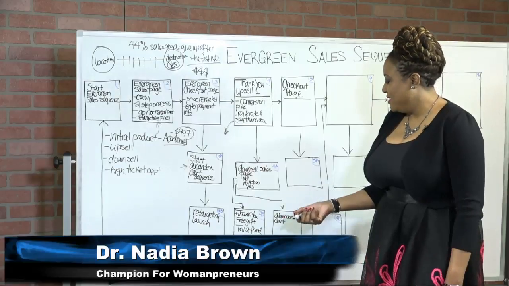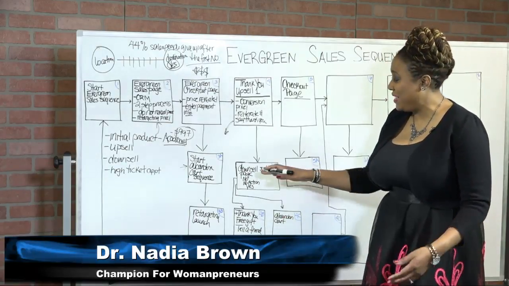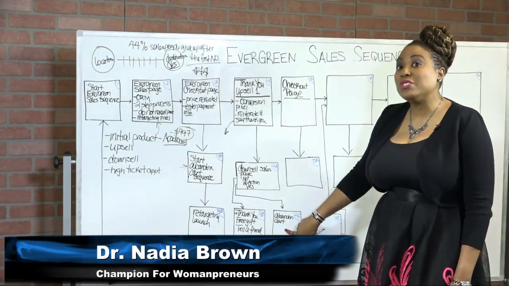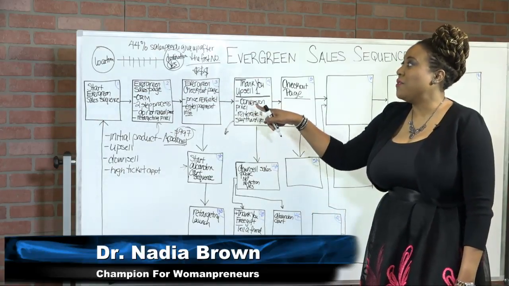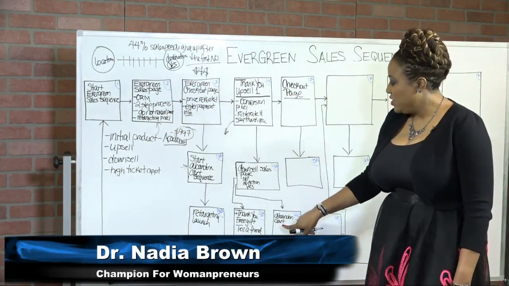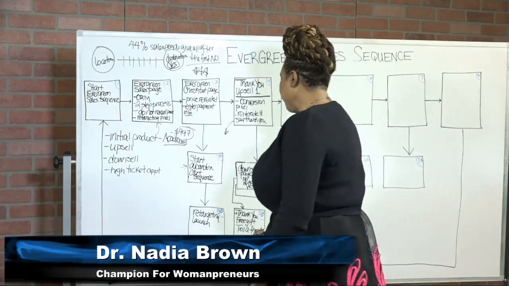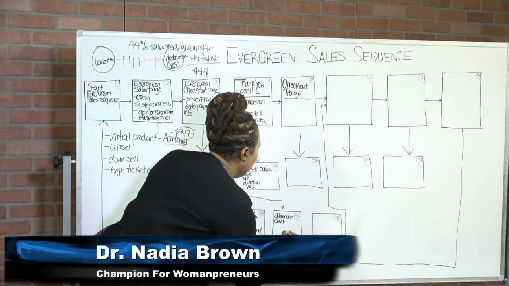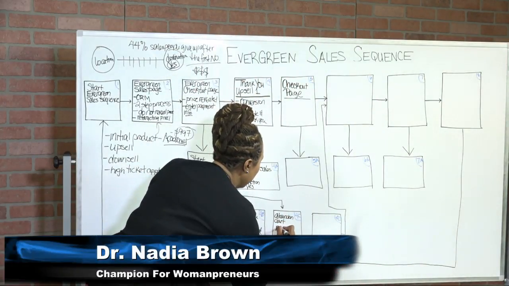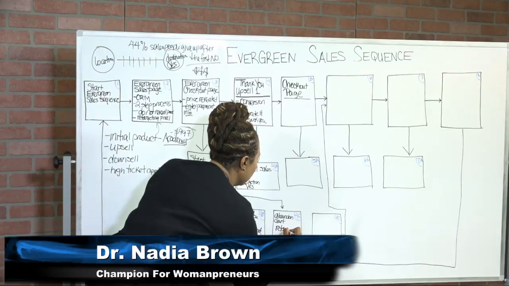Or technology, or whatever the case may be. Something happened. We don't want to assume that it was just a straight out no because they weren't interested. So we'll do an abandoned cart, and we'll also launch our retargeting pixels.